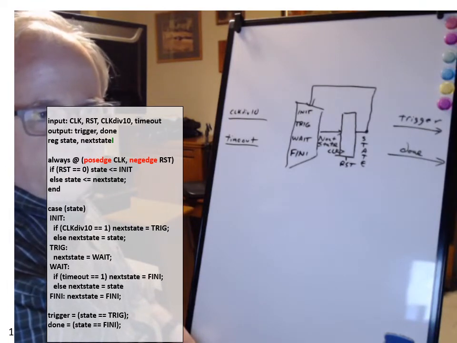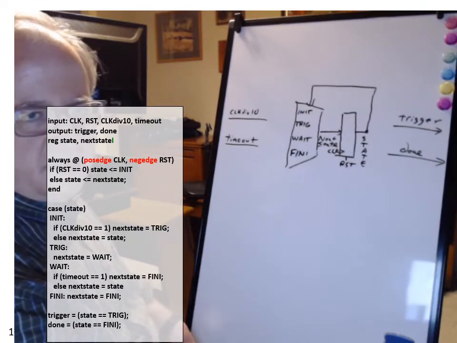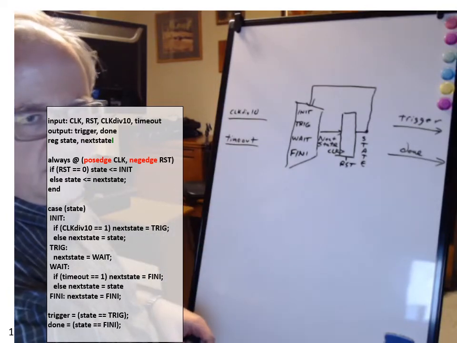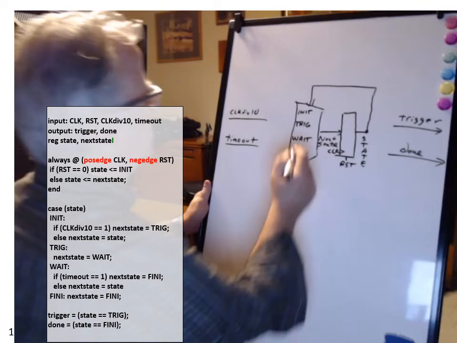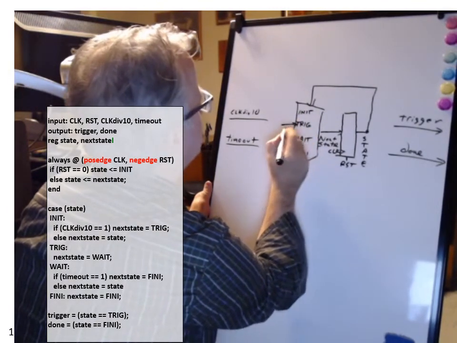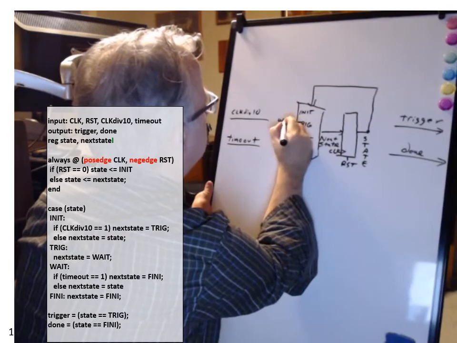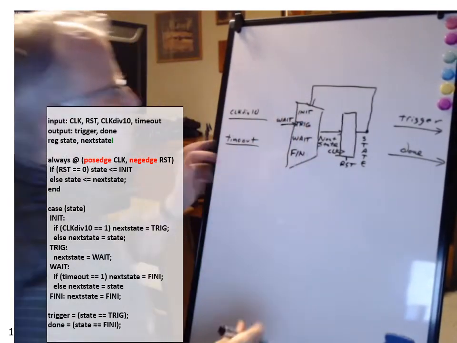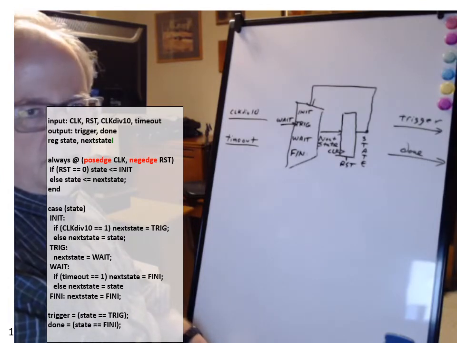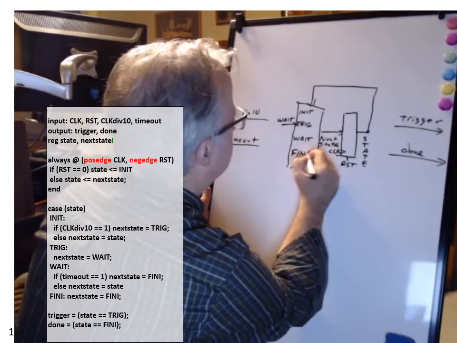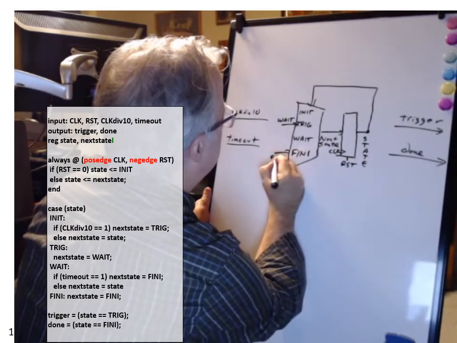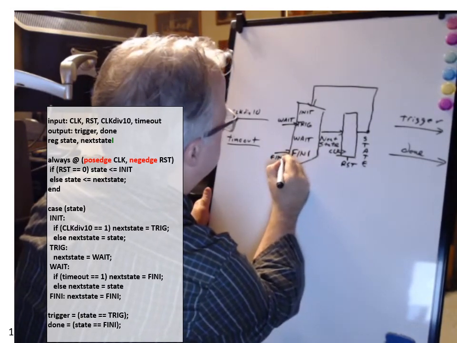And let's see, there are a couple of these states where the input to the mux is really simple. The trigger state has a next state value of wait. So really, the input to the mux here could just be hardwired to whatever the code for wait is. Similarly, the fini state can be hardwired to the value of fini.